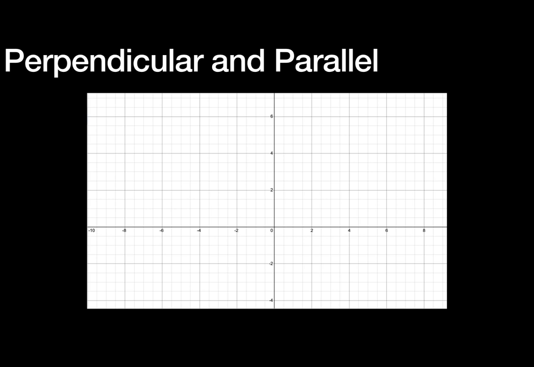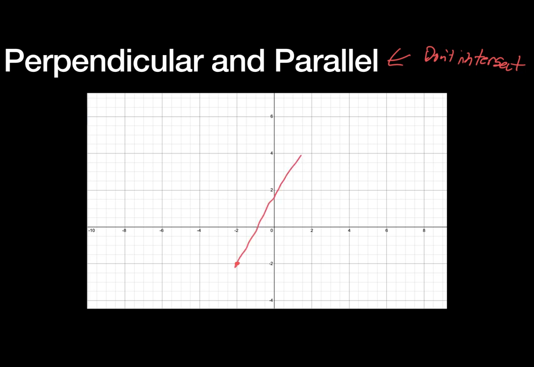Perpendicular and parallel lines. People often remember parallel means 2 lines do not intersect. So they don't intersect. You can think of things like train tracks, they don't intersect. Mathematically, when we say 2 lines are parallel, let's see if I can draw a couple parallel lines.